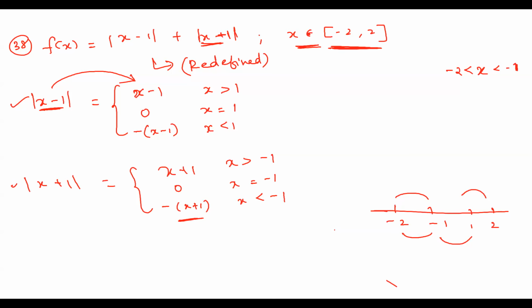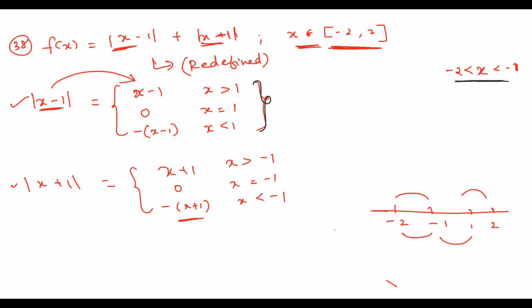So when I take it between minus 2 to minus 1, what is happening to x minus 1? Among the three functions present here, which one should I pick? When x is between minus 2 to minus 1, which one should I take among all the three?